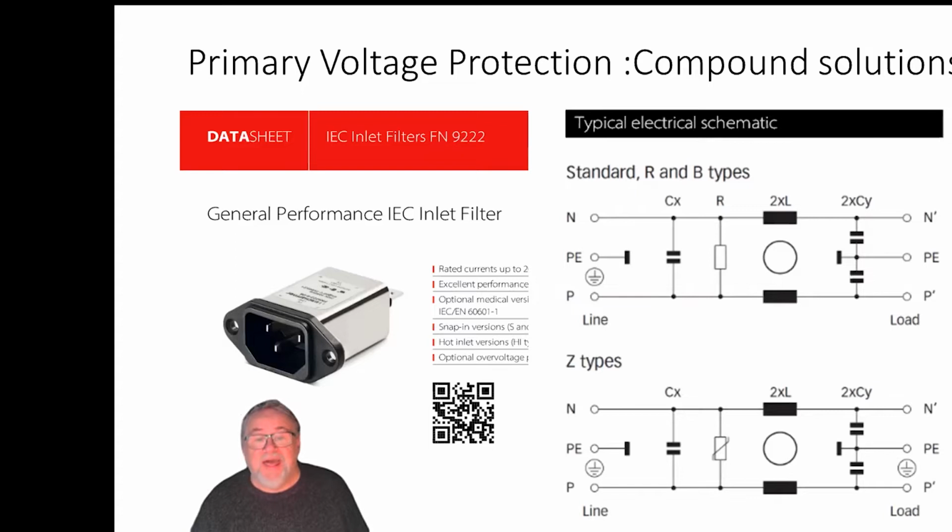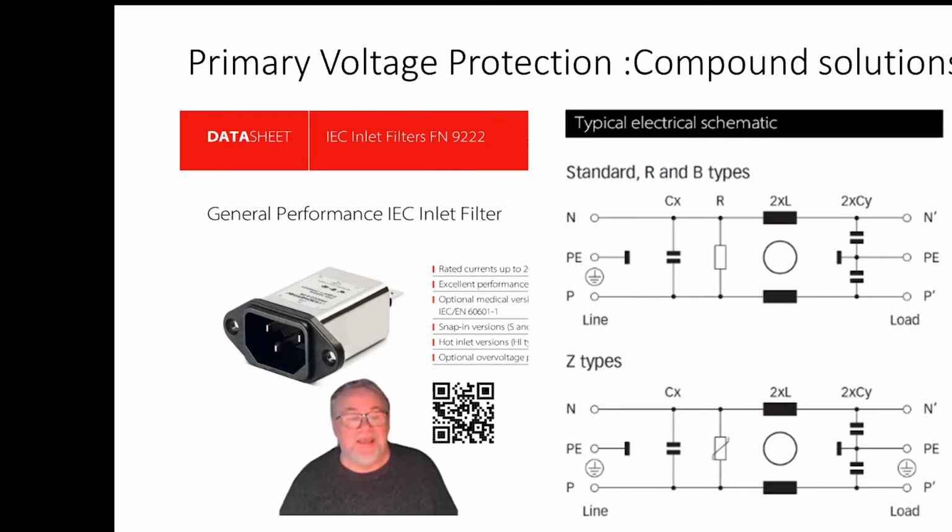Two types here: the R types both have a resistive bleeder, whereas the Z type has the NTC varistor in circuit to stop inrush. And suddenly this stuff's starting to make sense.